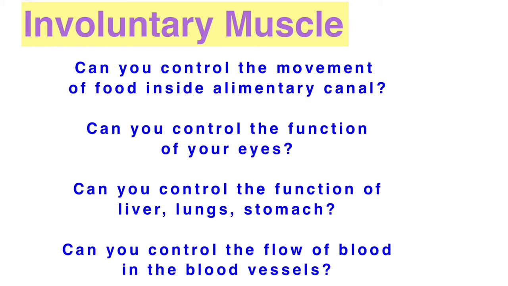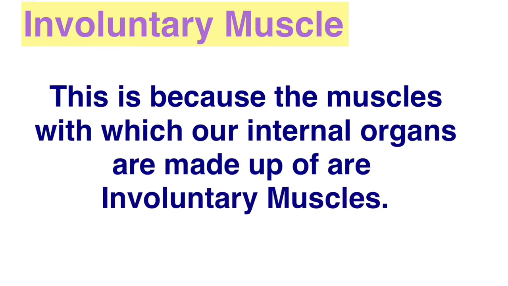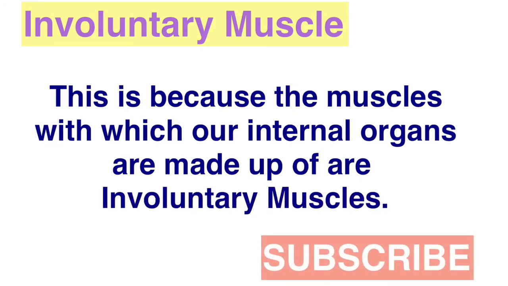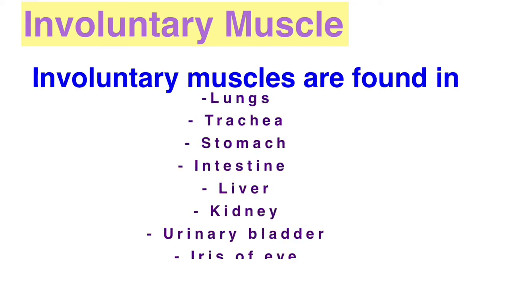The answer to all these questions is a very big no. This is because the muscles with which our internal organs are made up of are involuntary muscles. Involuntary muscles are found in our hollow visceral organs like lungs and trachea, stomach, intestine, liver, kidney and urinary bladder, iris of our eyes and blood vessels.